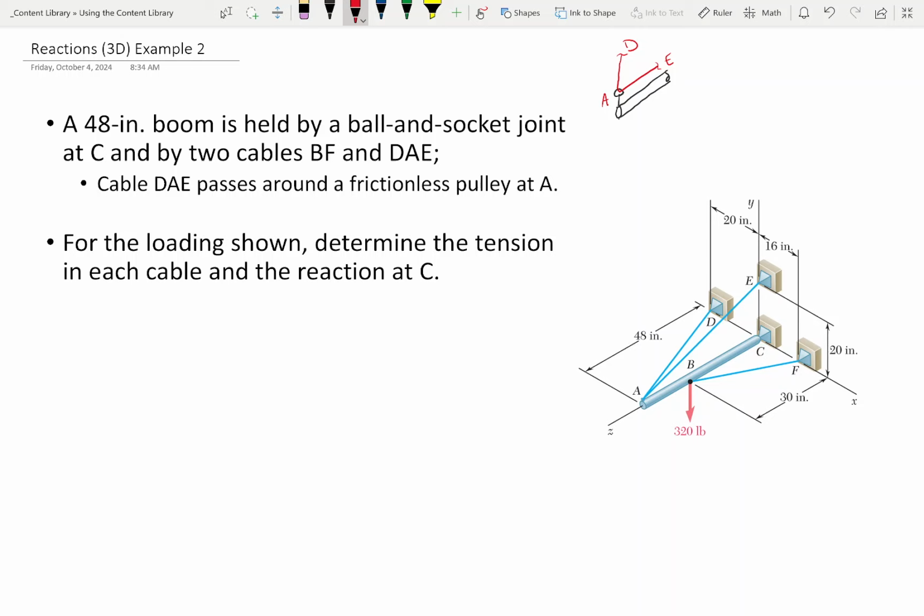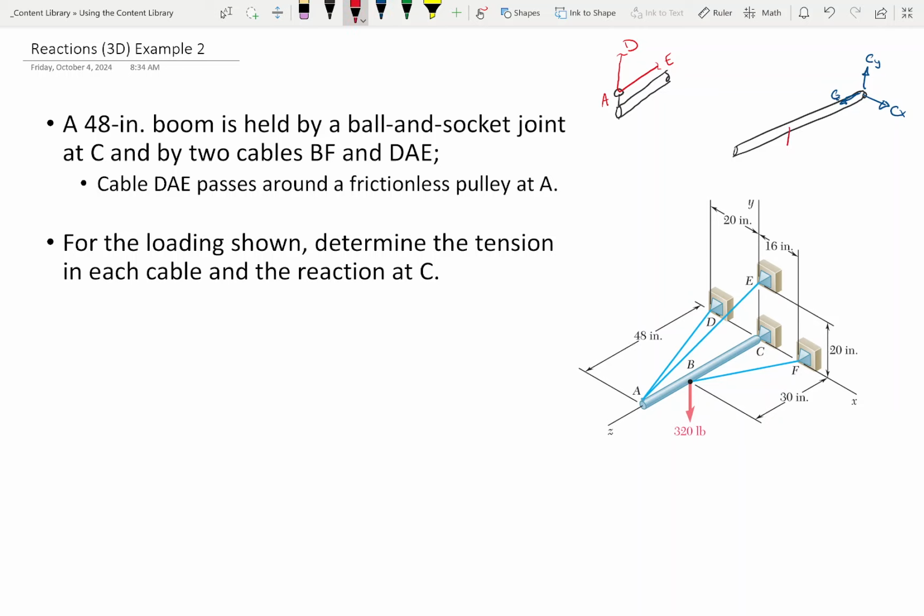Let me ask it like this. If I were to draw the free body diagram for the pipe as a whole, okay? So here's the pipe. There's going to be an unknown here, so we'll call this CY, CX, CZ.